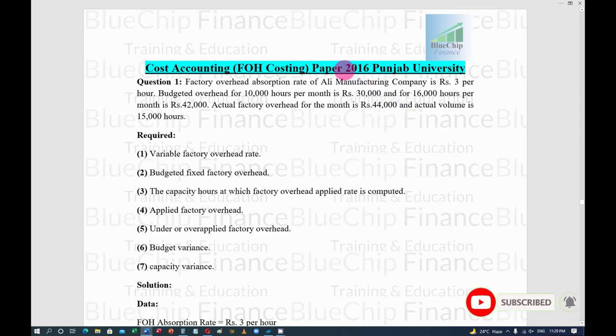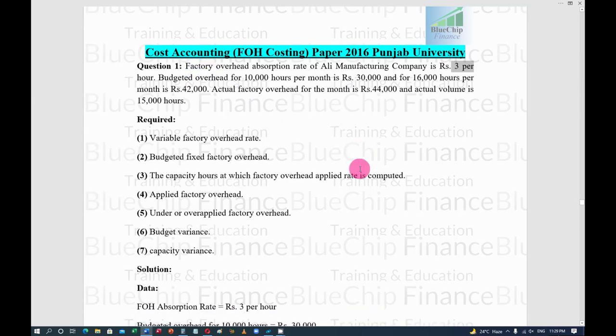So we are going to take a question of paper 2016, in which the factory overhead absorption rate of Ali Manufacturing Company is rupees 3 per hour, or you can say that it is the absorption rate or FOH applied rate.